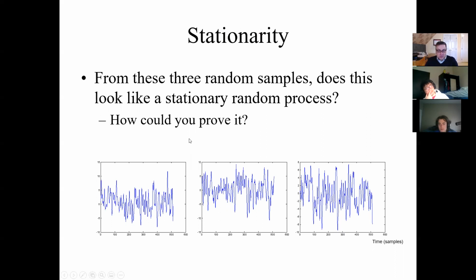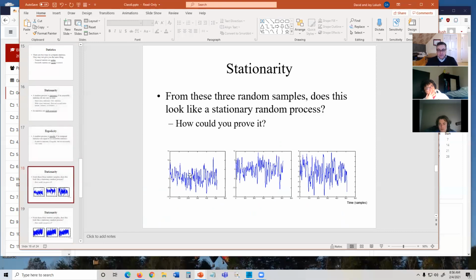Okay, so now I think I have a poll. So basically, just observe 3 examples of this random process. And I did not put them all on the same Y scale, so you may want to pay attention to that. Would have been better if I did, but I didn't.